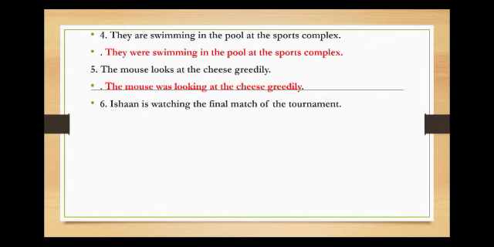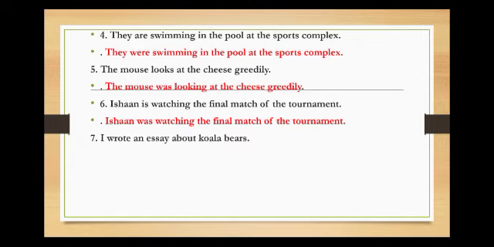So, what change do you have to make? Very good. You have to change the helping verb only. So instead of is, you have to write was. Very good. So your answer will be Ishan was watching the final match of the tournament.